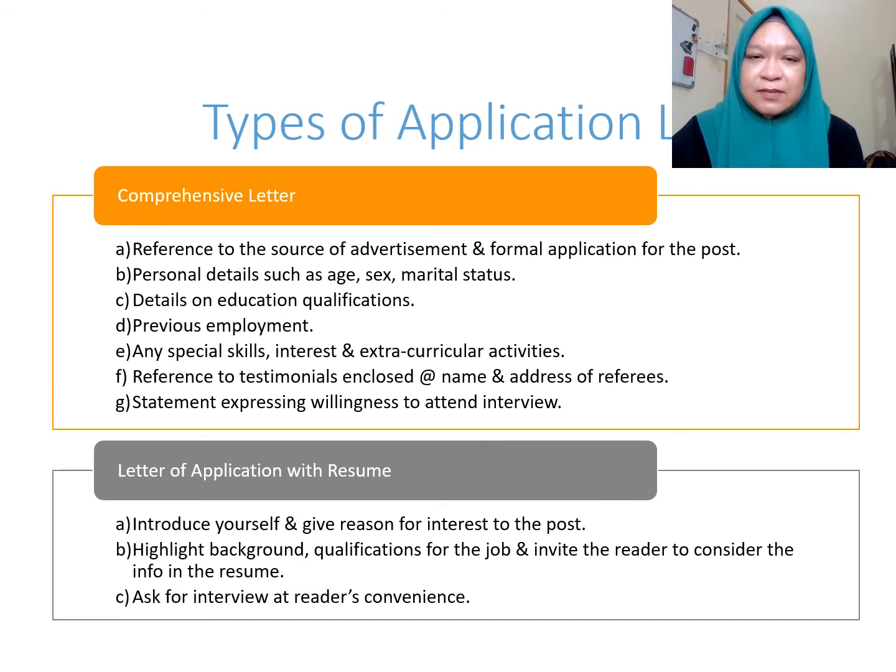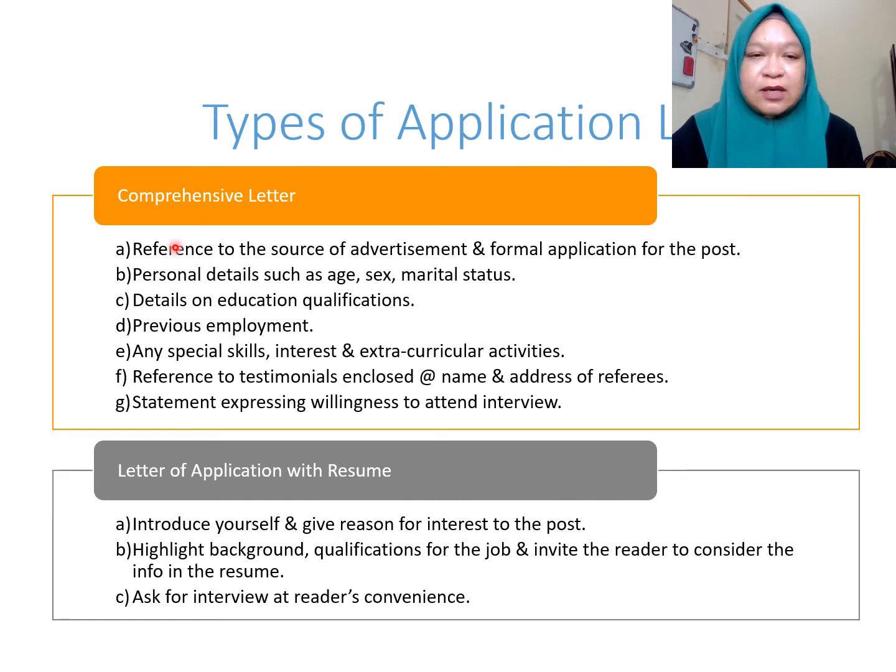So there are two types of application letter. The first one is the comprehensive letter and the second one is the letter of application with resume. The difference between these two is that the first one sends out only the cover letter without the resume. The second one is with resume.